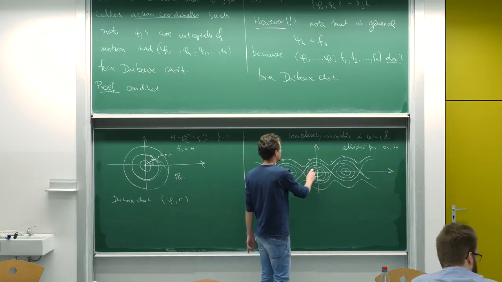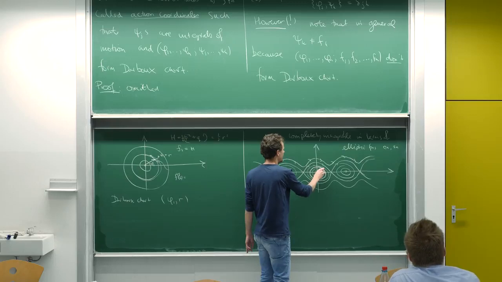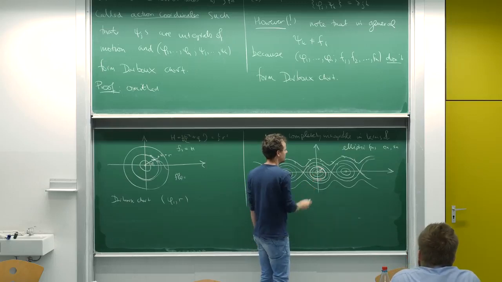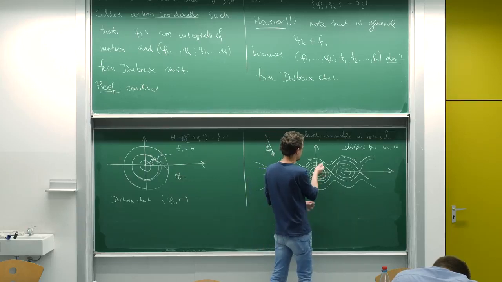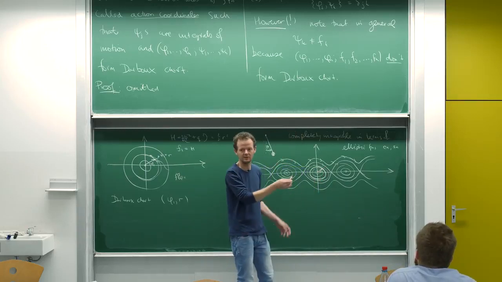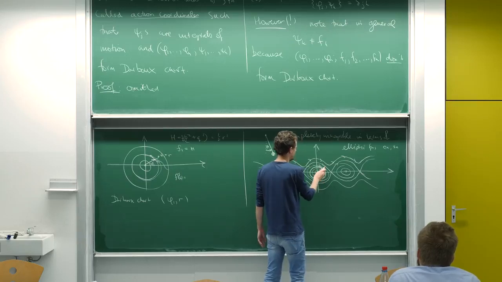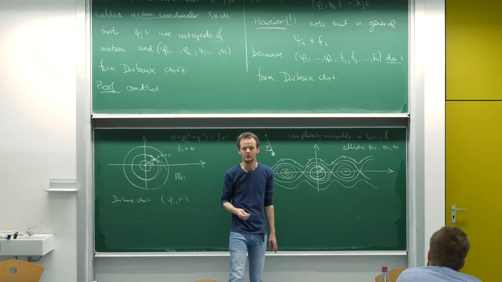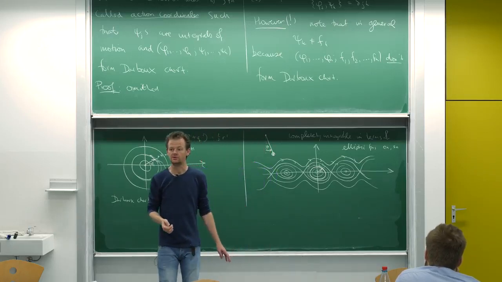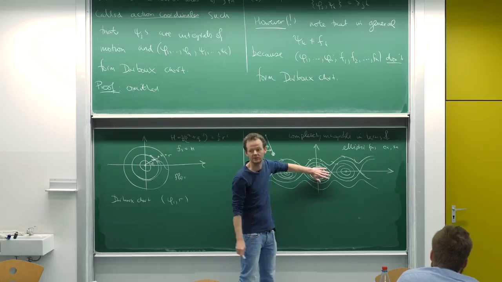So anywhere here, if your trajectory is inside this separatrix area, the solution is just an ellipse, and we have action angle variables in that region. Phi 1 is the angle, which you have to distort a bit because it's on an ellipse now rather than a circle, and you have action variables. So you have a coordinate chart which works in this region to decompose the level sets into tori. It's just straight tori here.